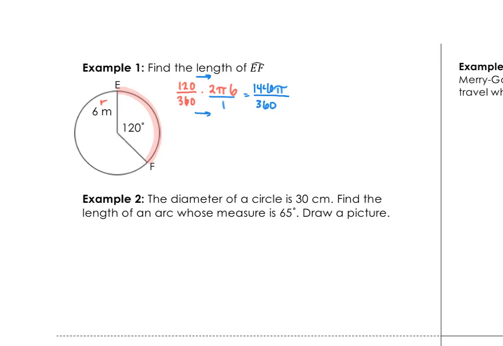Okay, then what we're going to do is divide 1440 over 360. Which in this case happens to be a whole number, just 4. So 4 pi meters is my exact answer. Sometimes we say in terms of pi.